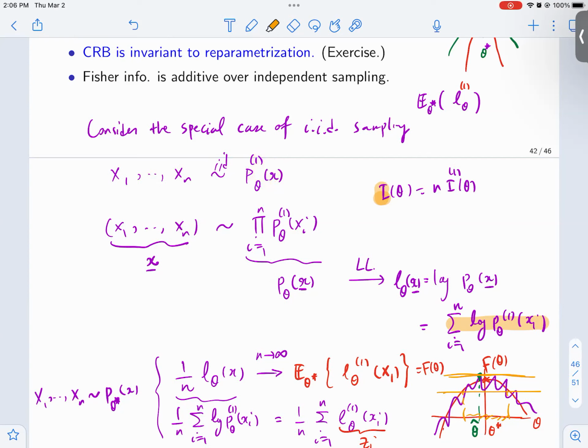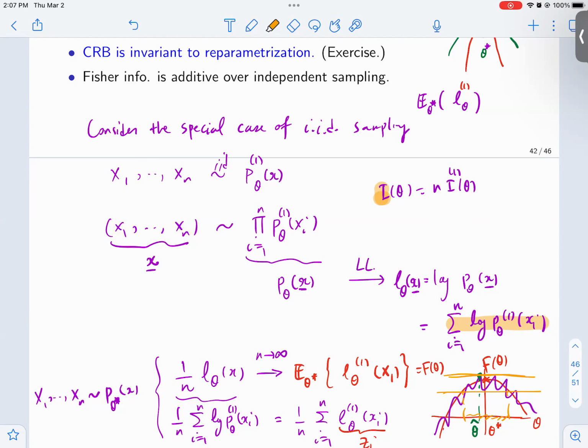So really the statistical model is the parametric family of distributions describing the joint distribution of this. This is going to be the setting that we're going to talk about for the next, let's say, 3 lectures or so. This is the setting of asymptotic theory.